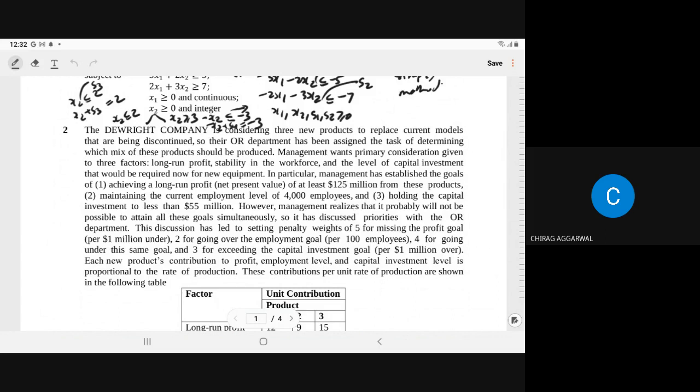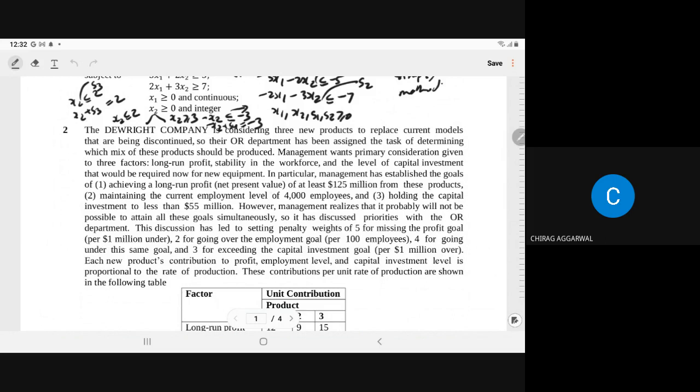Management wants the primary consideration given to three factors: long run profit, stability in the workforce, and the level of the capital investment that would be required now for the new equipment. In particular, these are the goals. The company decided on 3 goals.